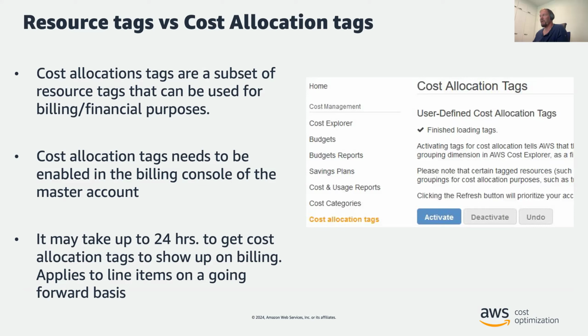If you enable a cost allocation tag on the management account in the billing console, it will take about 24 hours for those to show up in the billing, so just be aware that it will take time. If someone wants you to make a cost allocation tag and give them the details, you're going to have to tell them that, yes, I can do this, but it will take about a day before you can deliver that data.